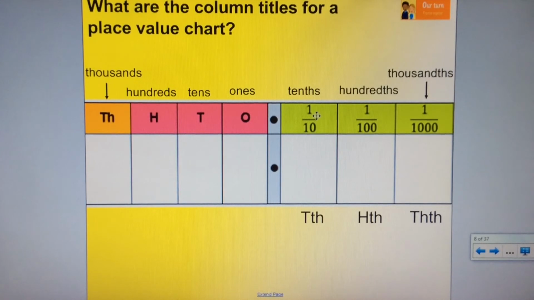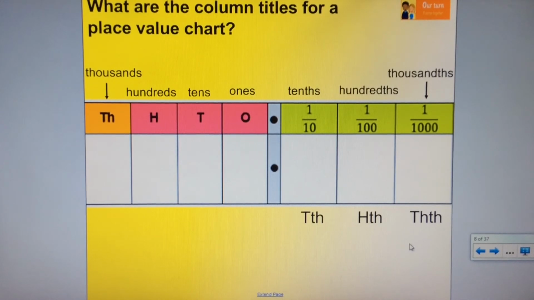After that, in our first decimal place, we've got the tenths column, sometimes shown as a fraction, 1/10, or abbreviated to TTH. Then we've got the hundredths column, sometimes shown as the fraction 1/100 or HTH, and the thousandths column, 1/1,000 as a fraction or THTH. So just some different ways of showing the place value column titles.